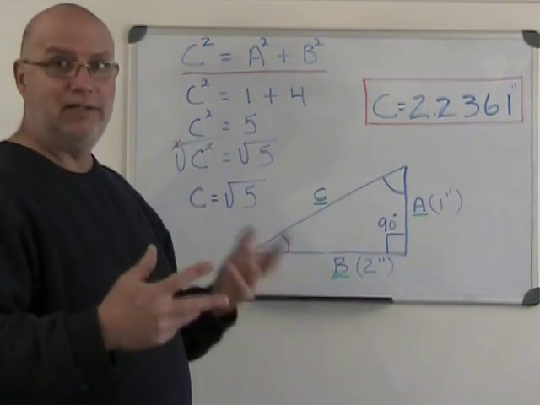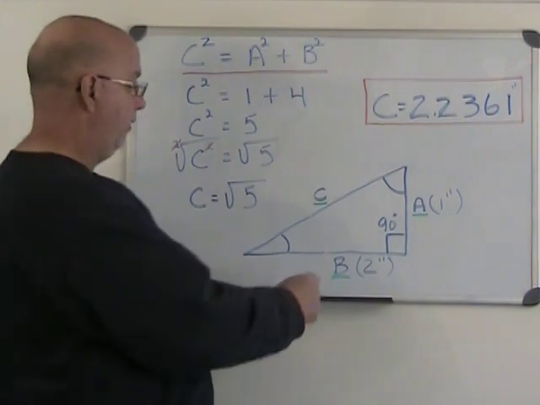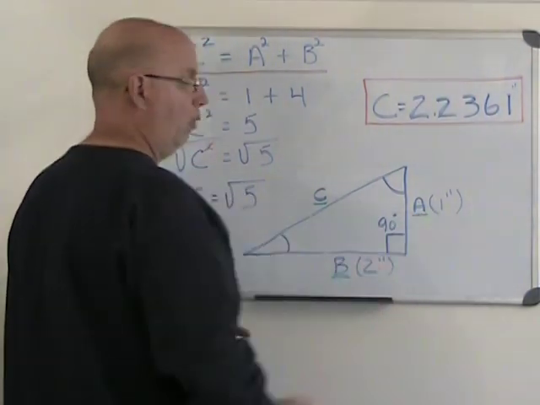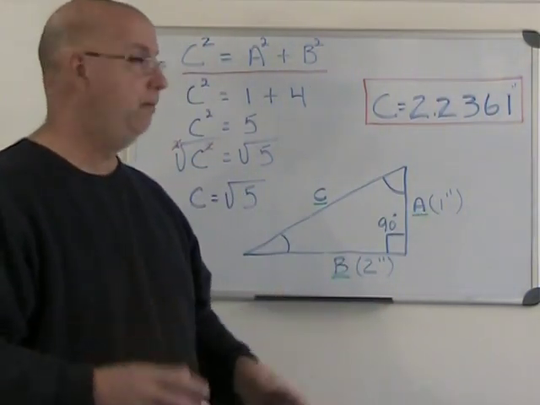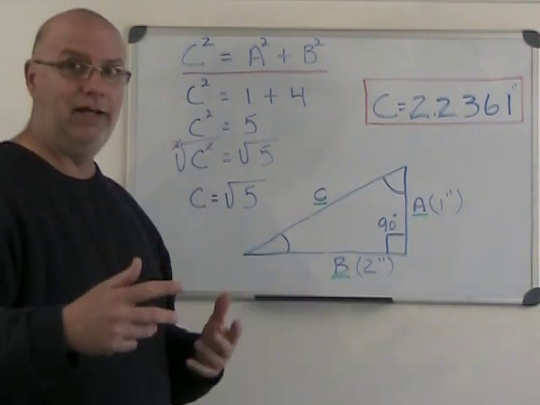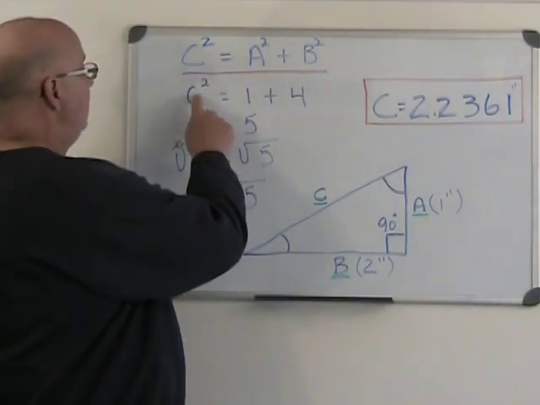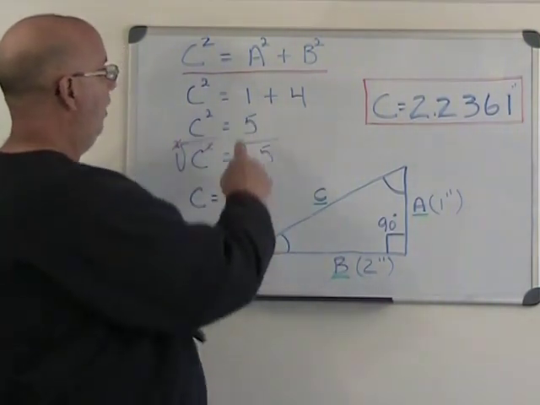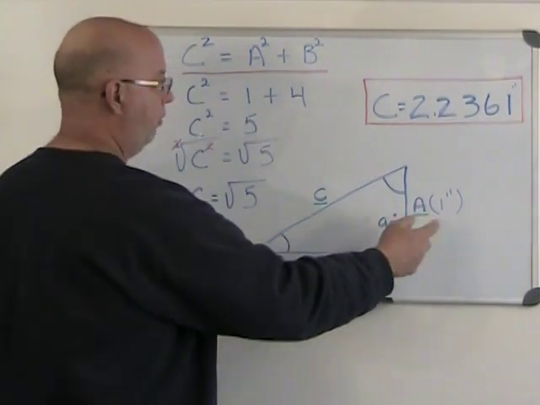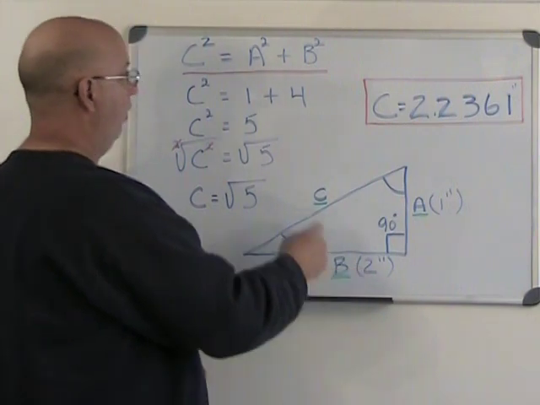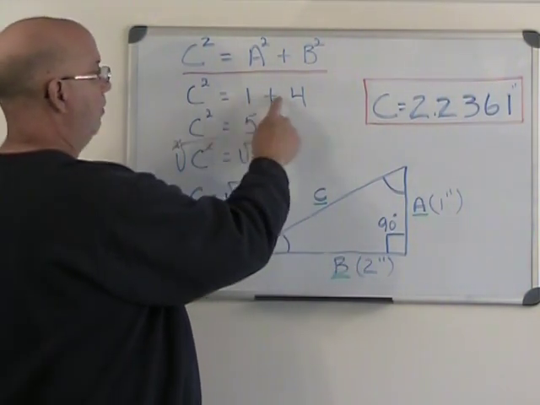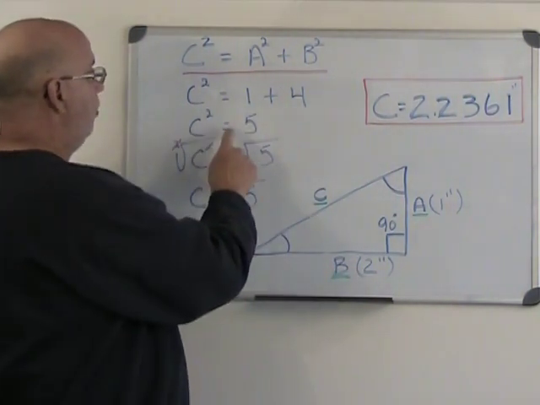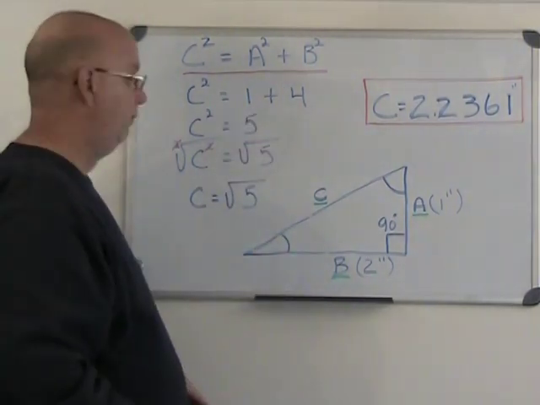Now, if I decide arbitrarily that b is 2 inches and a is 1 inch, just to keep it simple, I can calculate it this way. C squared equals 1 plus 4. Why? Well, 1 squared is 1 and 2 squared is 4. So 1 plus 4, c squared equals 5.